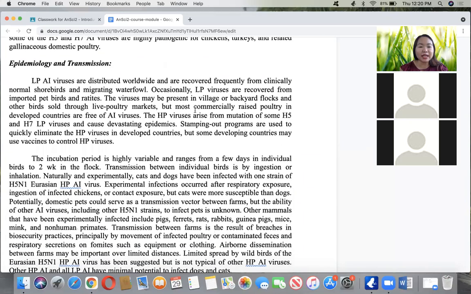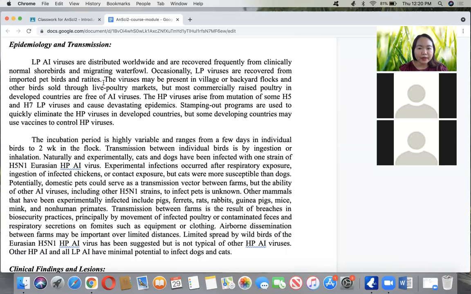So in terms of transmission, usually through migration, and occasionally pag nag-import ka ng birds, and that's why meron tayong biosecurity. Hindi ka basta-basta pwedeng magdala ng pet or birds from one country to another, but within the country, hindi tayo strict.